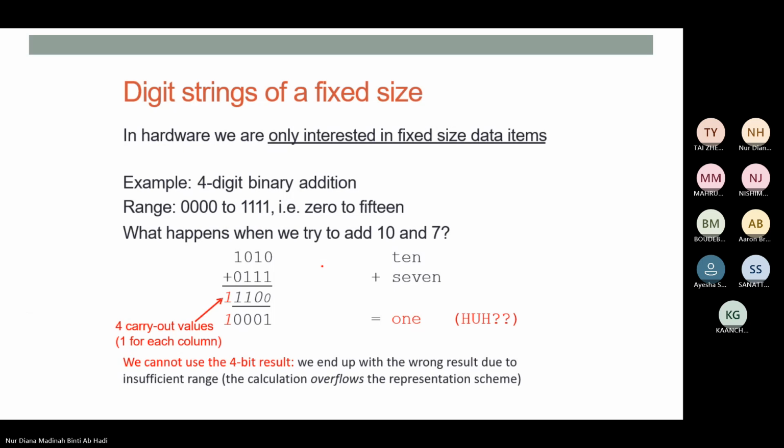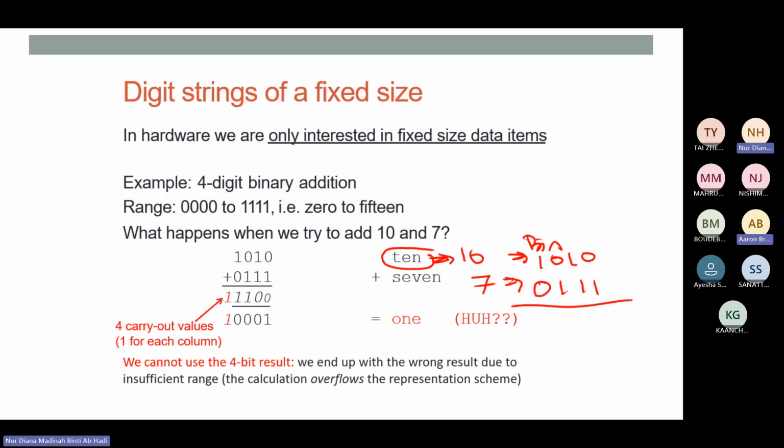So you need to do the conversion from this value 10 into a binary value. What would be the binary value for the 10 and 7? In binary value. 1010. 7? 111. Yes.